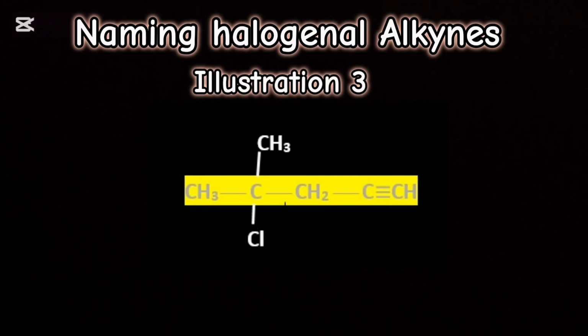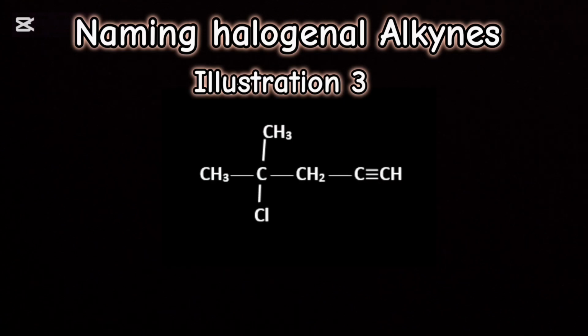Please always traverse the compound thoroughly and determine the correct parent chain. At this point, we assign numbers to carbon atoms on the parent chain, starting from the side of the chain that is closest to the carbon-carbon triple bond.